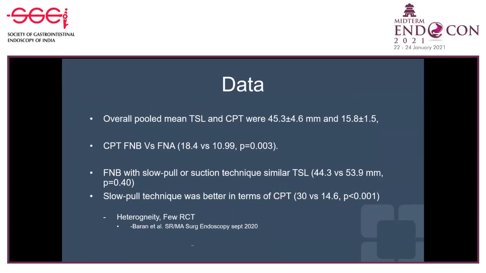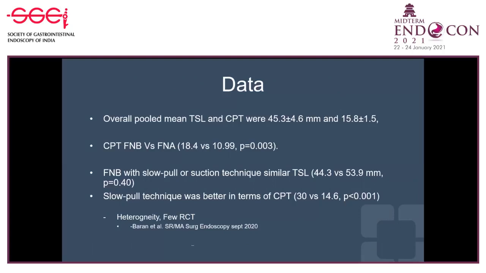So overall, the pooled mean total specimen length and complete portal tracts from the systematic review meta-analysis were quite impressive. 45 millimeter length of the core and a mean of 15 portal tracts.